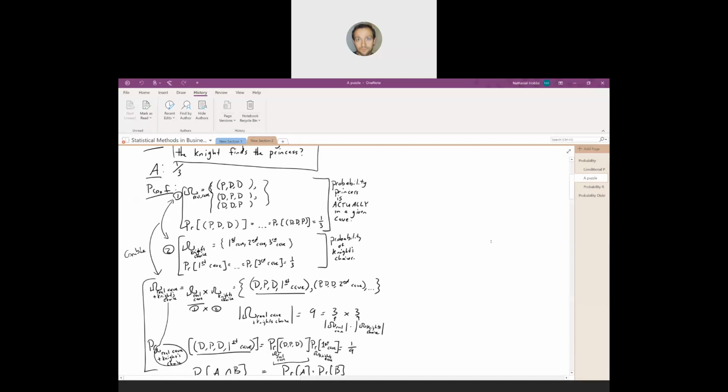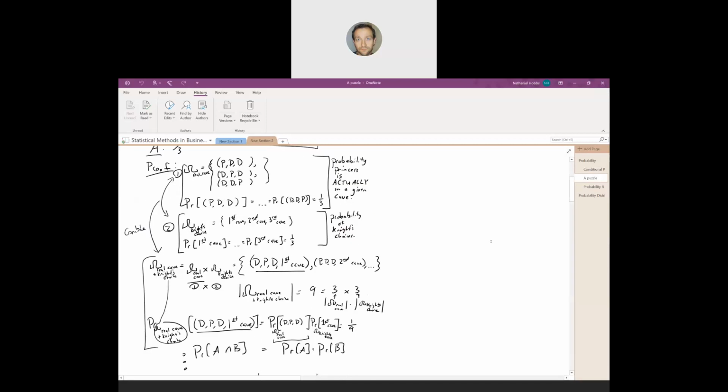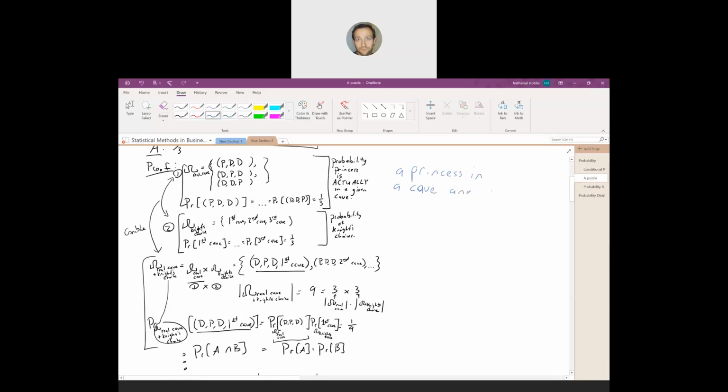And we went through this derivation. I mean, it looks like a mess now. But while we were doing it, the idea is that there's a princess in a cave and dragons.